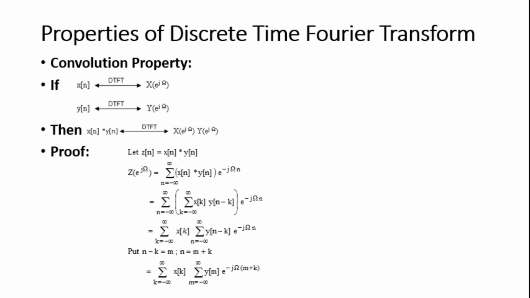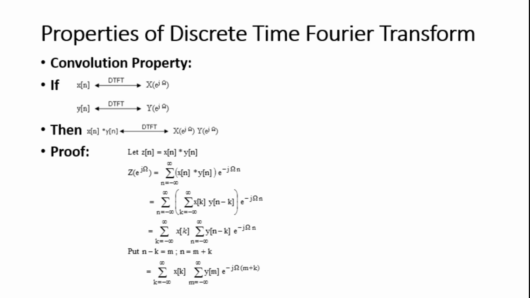Then Z of e power j ohm is equal to summation n equal to minus infinity to infinity x of n star y of n into e power minus j ohm n, which is equal to summation n equal to minus infinity to infinity summation k equal to minus infinity to infinity x of k into y of n minus k into e power minus j ohm n, which is equal to summation k equal to minus infinity to infinity x of k into summation n equal to minus infinity to infinity y of n minus k into e power minus j ohm n.